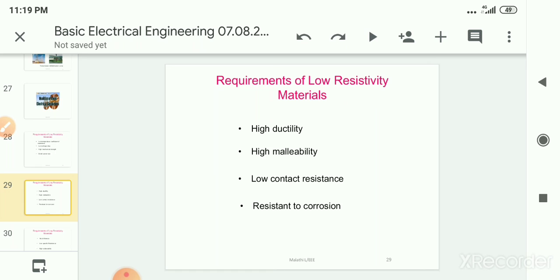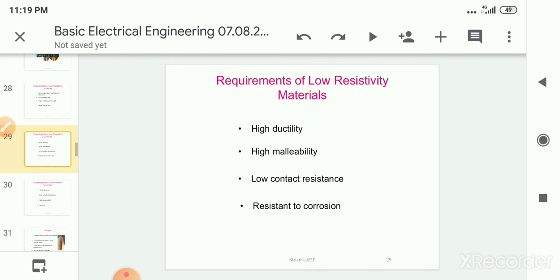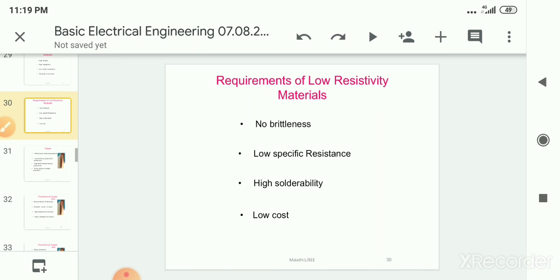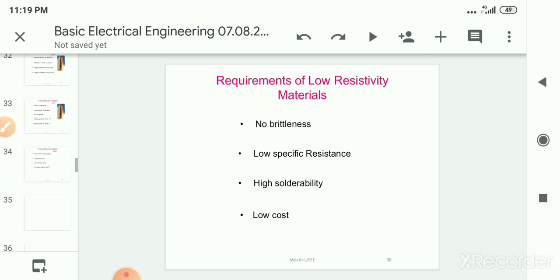It must have ductility and malleability, low contact resistance, and resistance to corrosion. No brittleness, low specific resistance, high solderability and low cost. This is about low resistivity material.